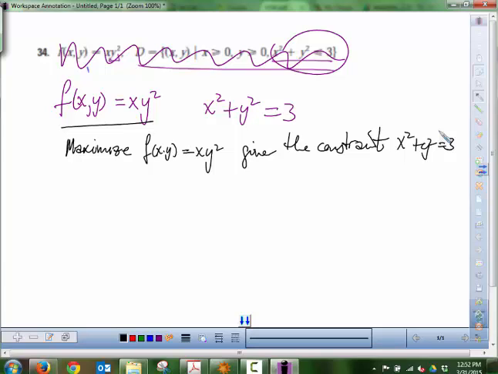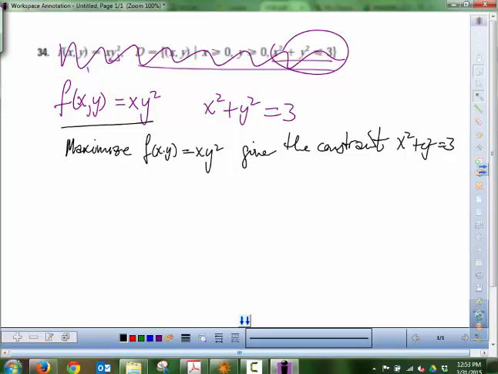So what we're doing is being restricted to this circle as your domain. Where are we going to find our maximums and minimums? Can you visualize this?